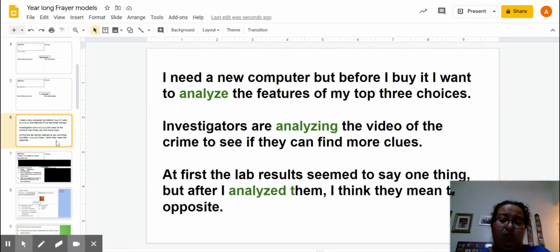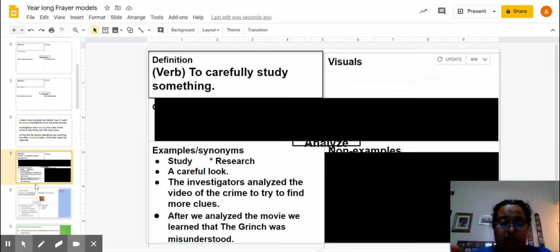So like we said, if we want to plug in or replace the word analyze with study, it still works. Before I buy a computer, I need to study the features of my top choices. Investigators are studying the video, I need to analyze the lab results. Do you see how the word study fits instead of analyze? So that means it's a good synonym.